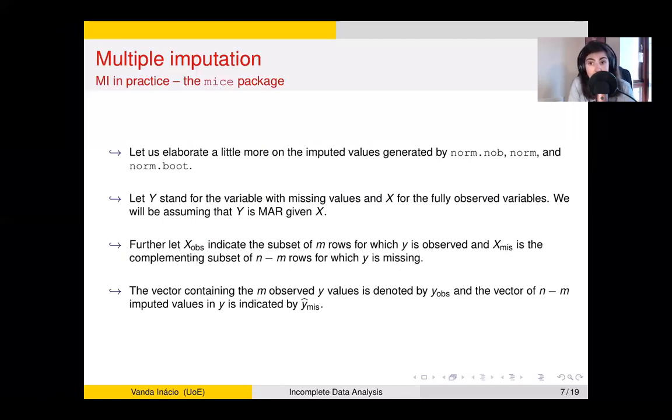So we are assuming that the first m values of y are observed and the last n minus m values are missing.